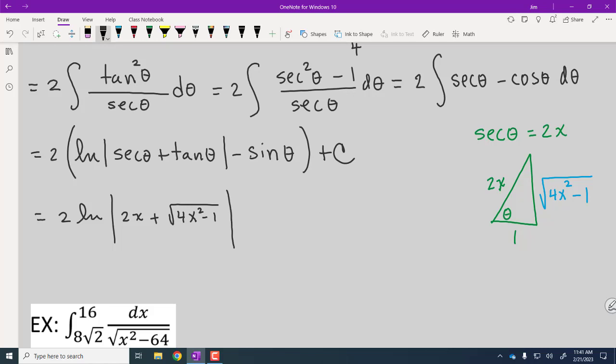And I'm distributing this 2, so we'll have minus 2 times sine of theta, opposite over hypotenuse. So we're going to have square root 4x squared minus 1 divided by 2x plus c, and we'll have a 2 that cancels right there. And that's as far as we can go.